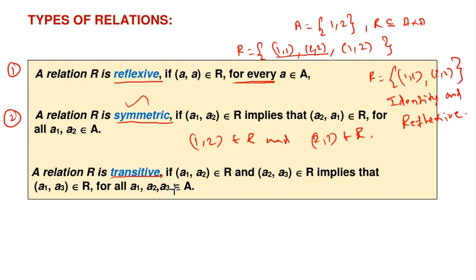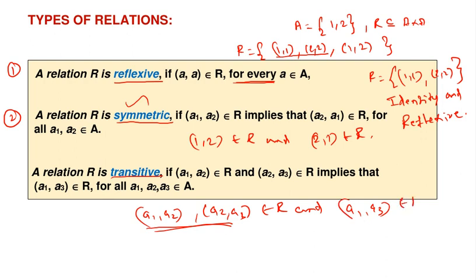The first one was the definition of reflexive relation. What is the third one? A relation R is transitive if (a1,a2) and (a2,a3) belong to R, then (a1,a3) is also part of the relation.